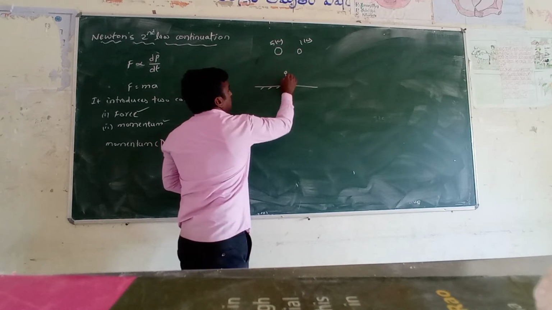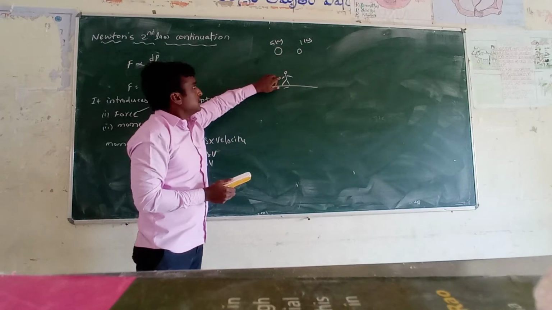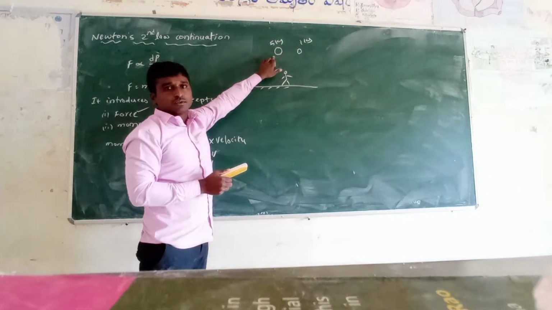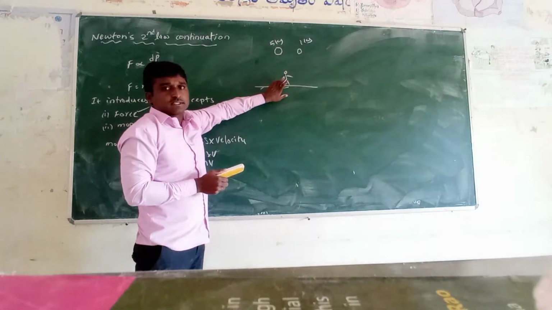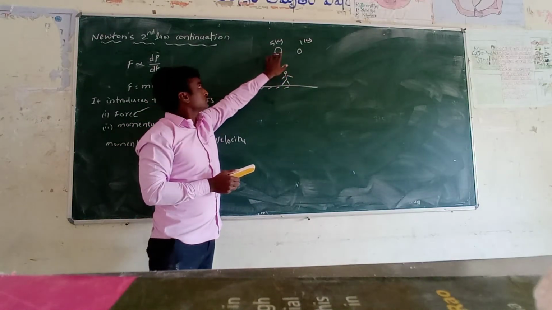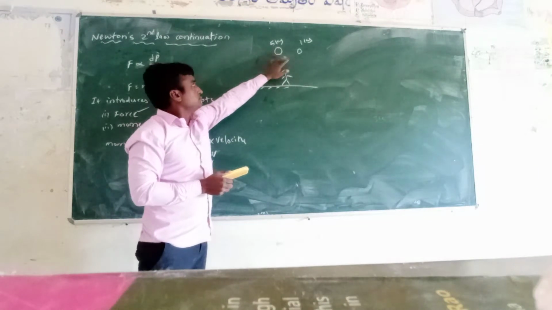A person on the ground can catch the lighter stone more easily than the heavier stone. What is the reason?